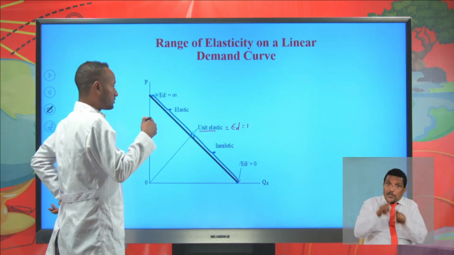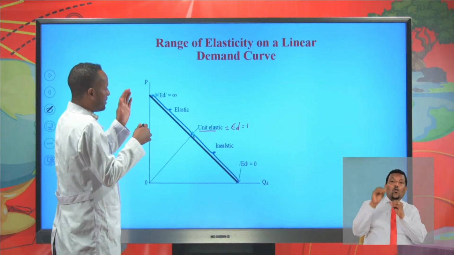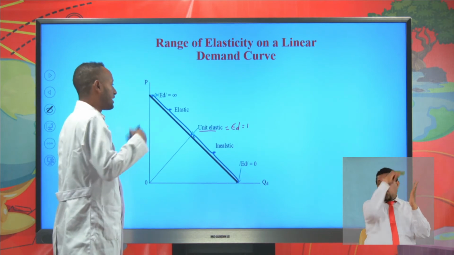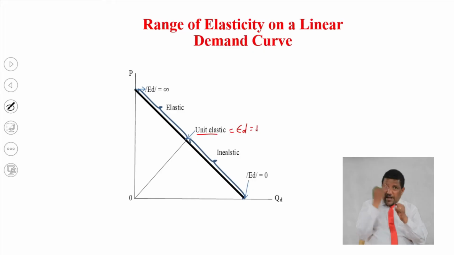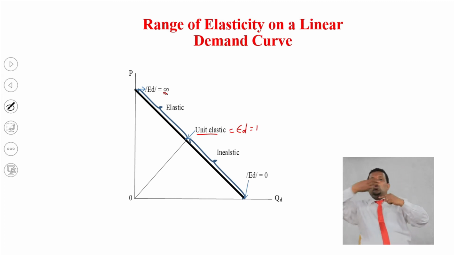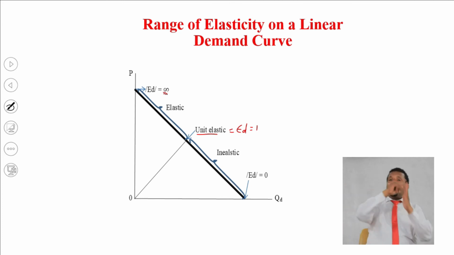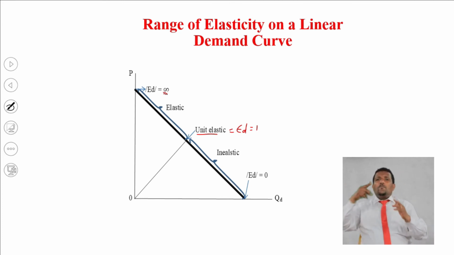As one moves towards the y-axis from the midpoint, elasticity tends to be greater and greater. And finally, at this point, the price elasticity of demand is infinity, and the demand curve takes the characteristic of a horizontal straight line. This demand curve is called the perfectly elastic demand curve.